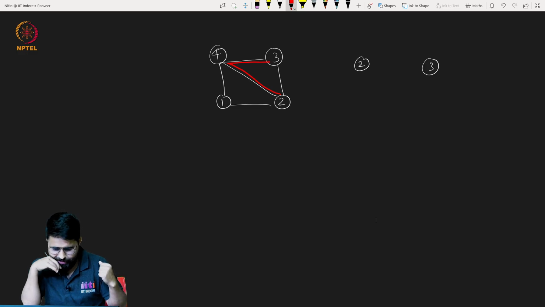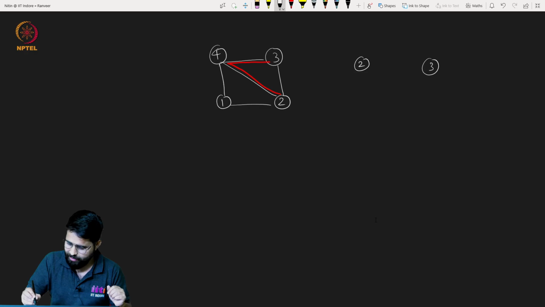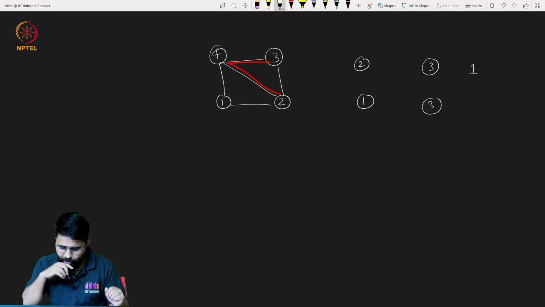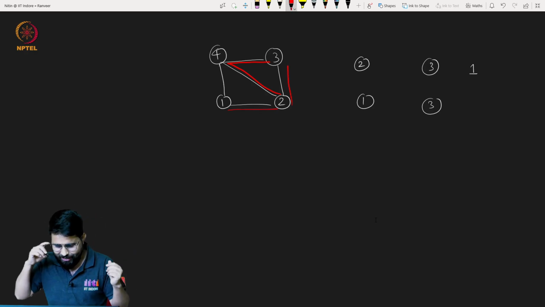Let us ask a different question. How many walks of length 2 are between vertex 1 and 3? Right now it was coming out to be 1 for vertices 2 and 3. Between 1 and 3, one way is this. Again, this is just a path also.